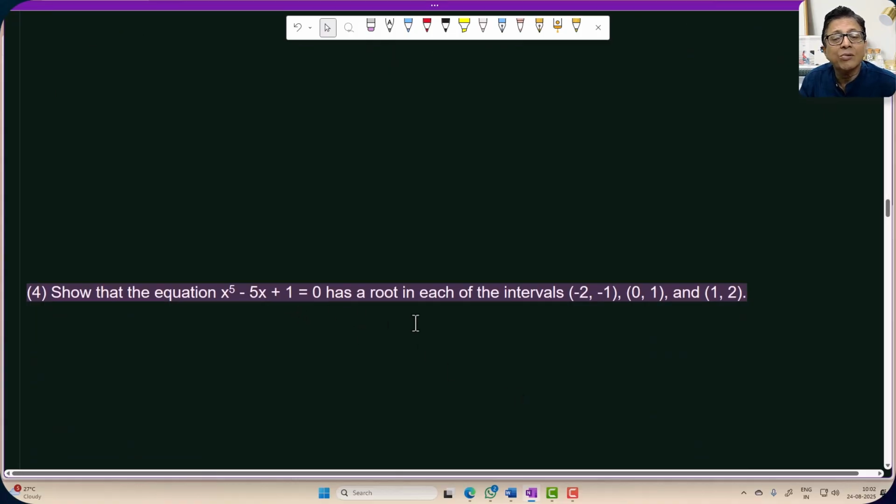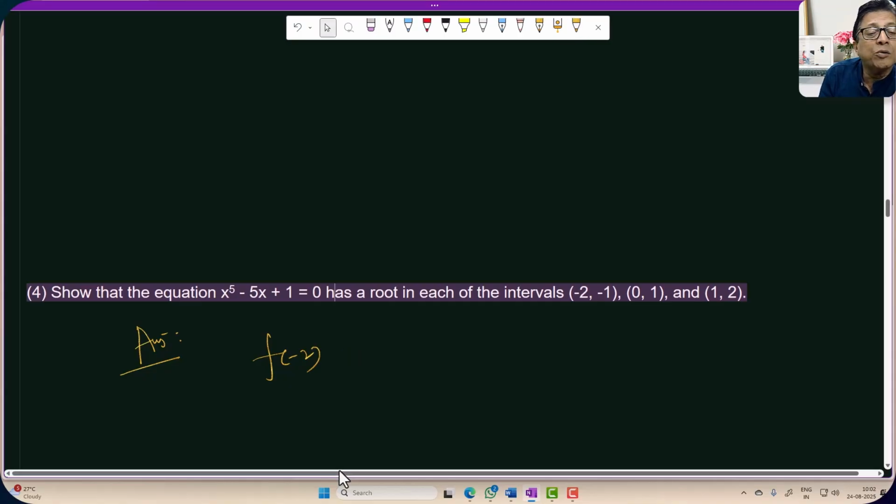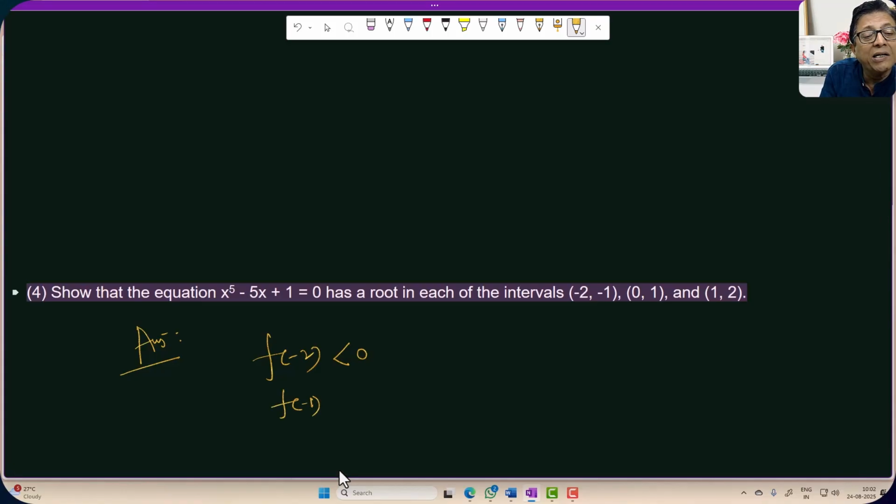So that this equation has a root in each of these intervals. Not a difficult one. You just check f of minus 2. Minus 2 to the power 5, so it is minus 32, minus 10, plus 1. This is less than 0. f of minus 1 is minus 1 to the power 5 plus 1.